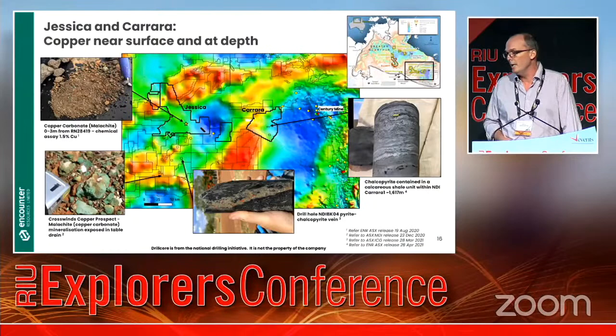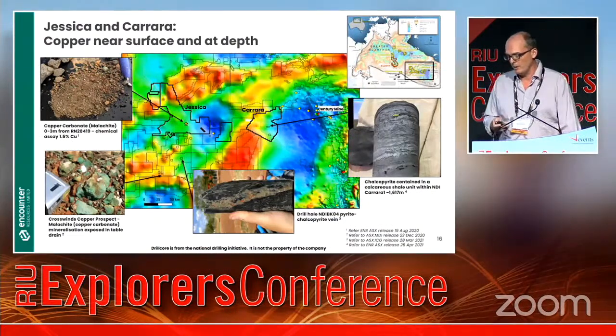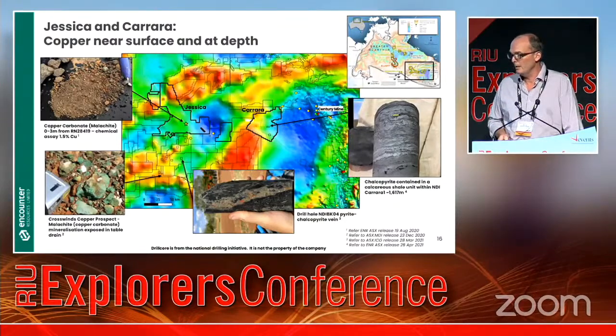Now, we've got a very large land position there, and interestingly, that untargeted stratigraphic hole once again had some copper sulfides, but had significant zinc sulfides in that core, more than's been logged so far, and we've had a look at that core.